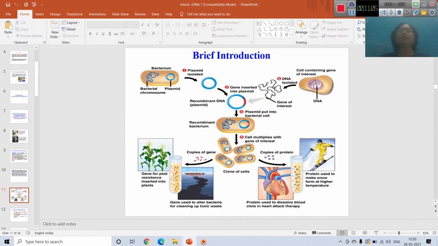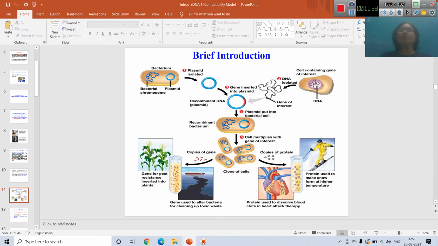Here the bacterium has its own bacterial chromosome, and it has a plasmid, and this plasmid acts as a vehicle for transferring your DNA into a particular host. So you have to isolate this plasmid from the bacterial cell.